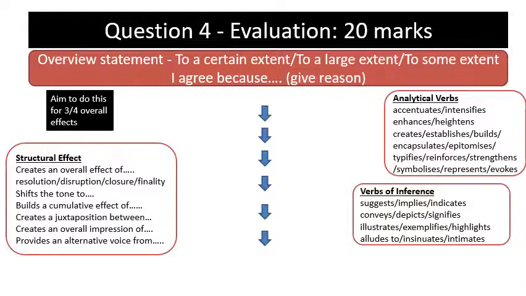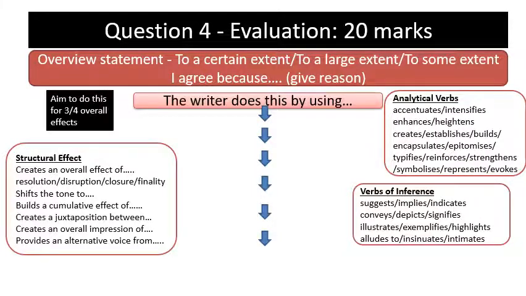So we start, remember, the top of our burger bun, the overview statement, the evaluation phrase. To a certain extent, to a large extent, to some extent, I agree because. Give your reason and link to the keyword. The writer does this by using, we name the device, so it might be a semantic field of predators or predatory imagery. It might be use of dynamic verbs.